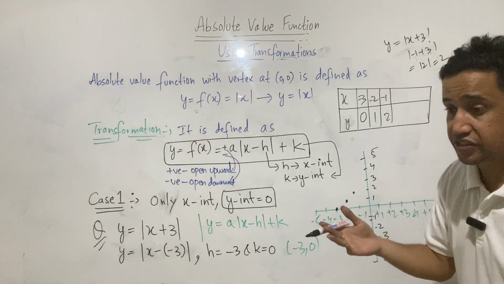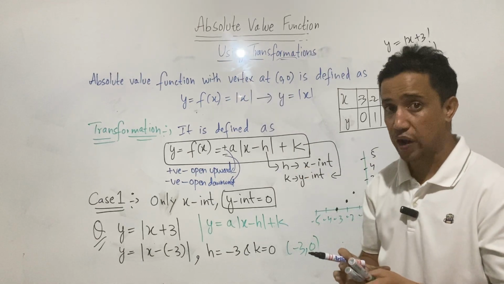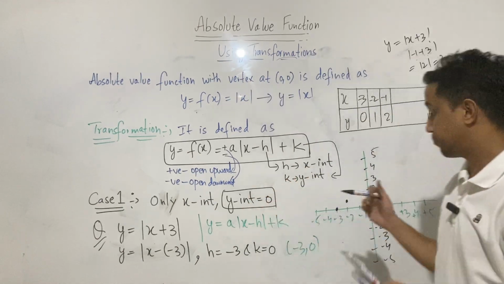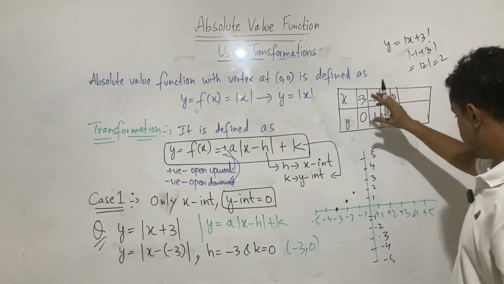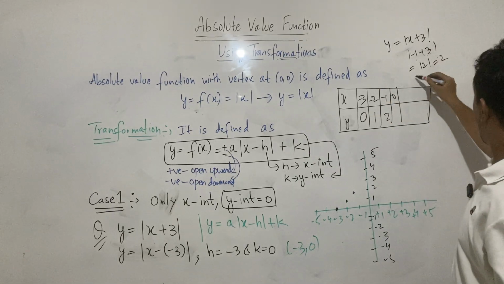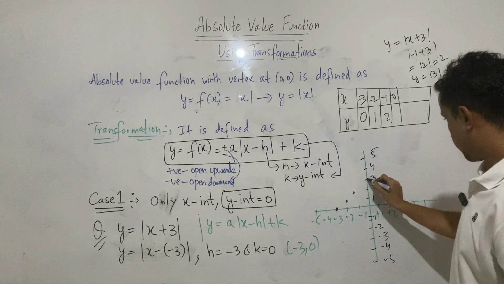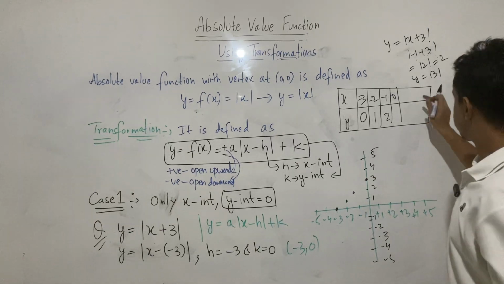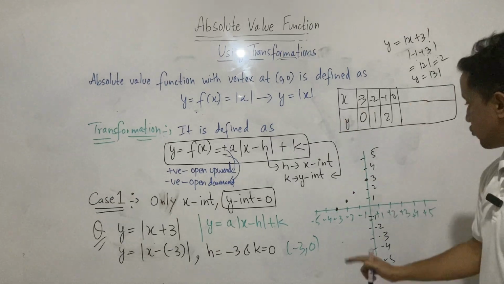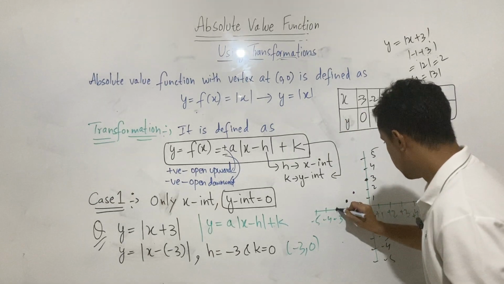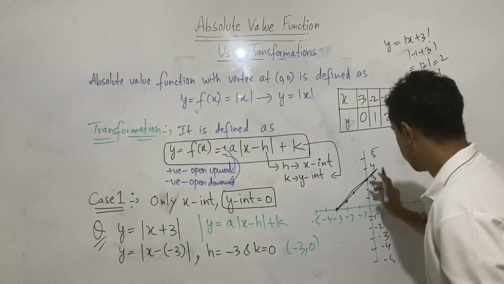Yesterday I spoke about this. When slope is 1, the rate of change of y with respect to x is the same. And when I put x as 0, y is going to be 3. So 0, 3. Now let's take some values to the left of minus 3.